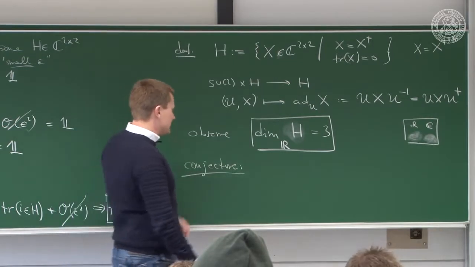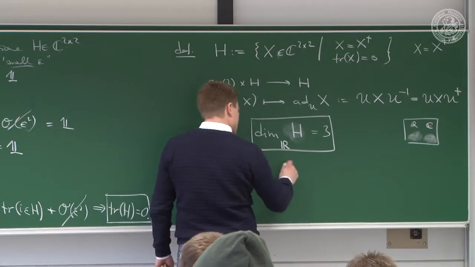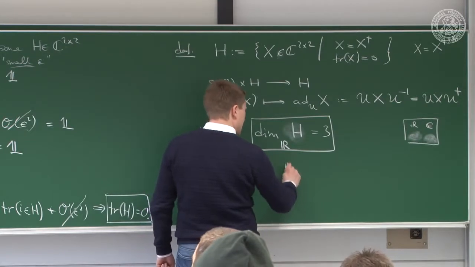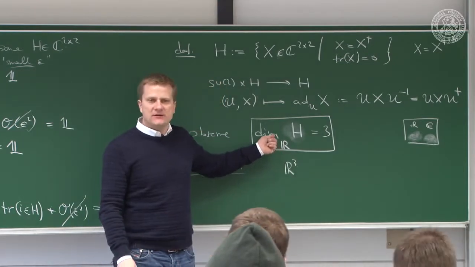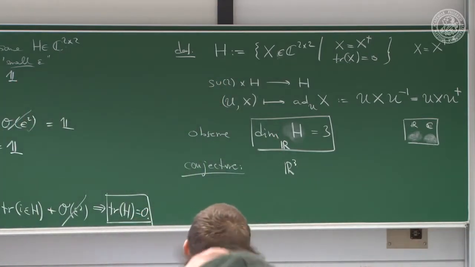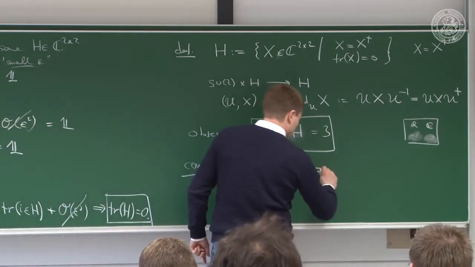It's not so much of a conjecture, it's obvious that it exists, but it's interesting to see what it looks like. This is a real vector space of dimension 3, and R3 is also a real vector space of dimension 3.